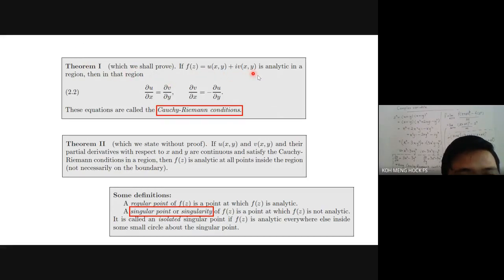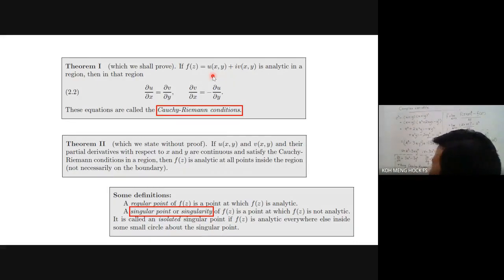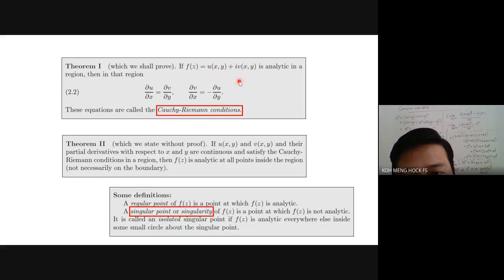Here they say if you want to show whether the function is analytic or not, you write the function in terms of u and v. Macam tadi kita dapat z to the power of 3, u kita ialah berapa? x kuasa 3 tolak 3x y kuasa 2 kan. So that is my u, and the same goes for my v.